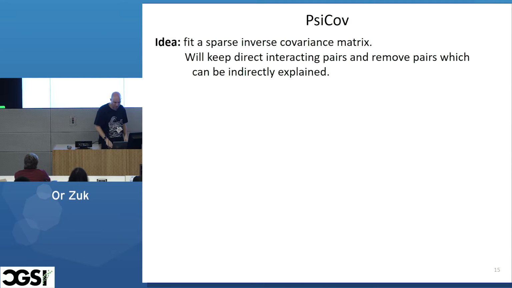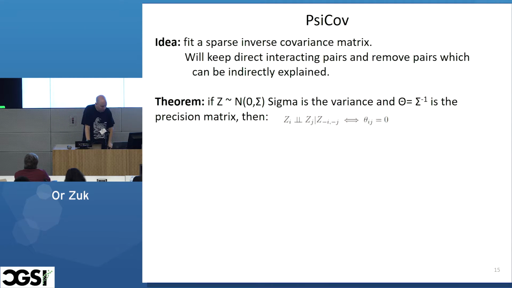So like I said, this idea is fairly old, but it really became powerful less than 10 years ago. And there were a few methodological improvements. The main one was to distinguish between direct and indirect effects.